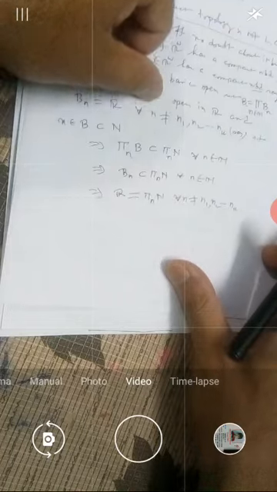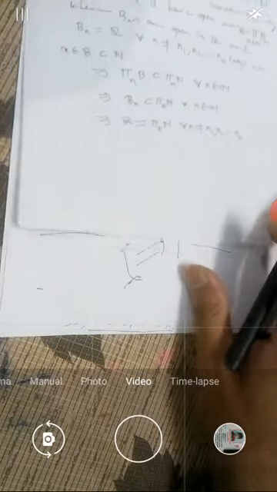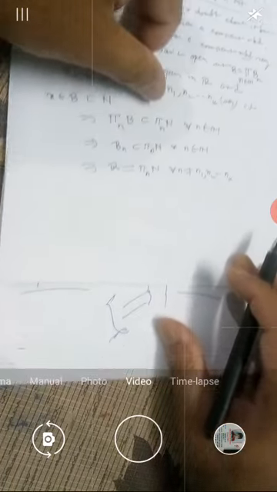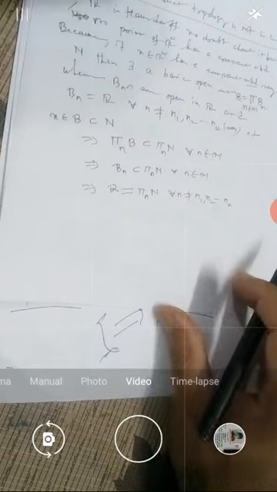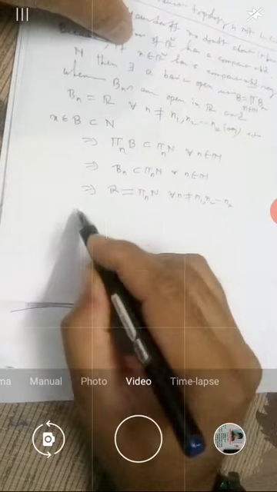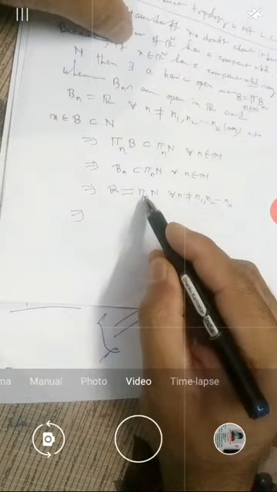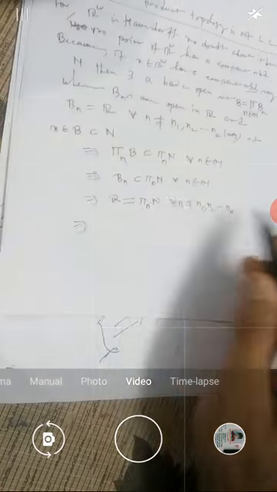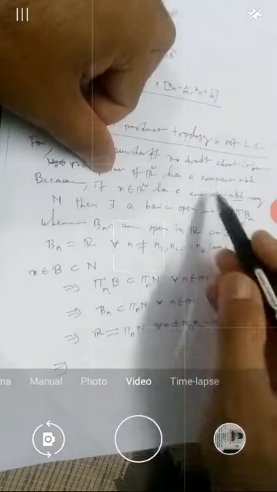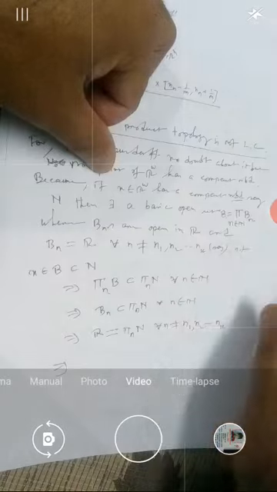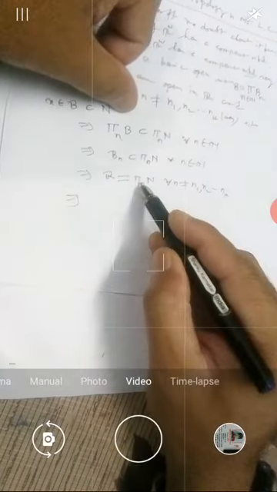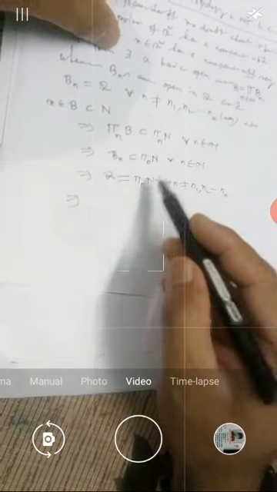Fine. What does it mean? It means pi n is continuous and N is compact. N is a compact neighborhood, so compact. So pi n is continuous. We know projection maps are continuous.